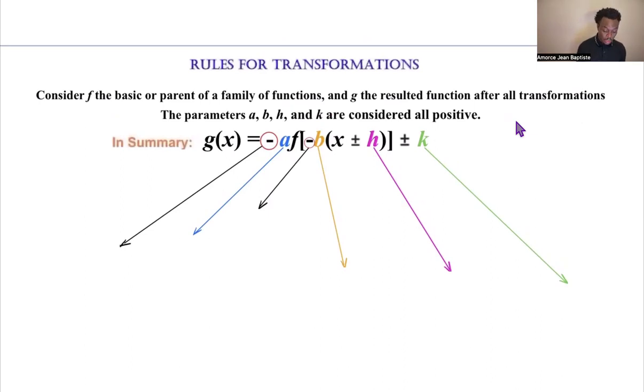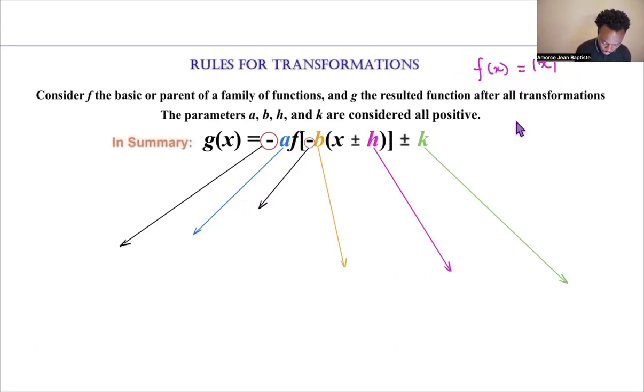What does it mean? Well, whenever you see a negative sign multiplying, for example, you look at f of x equals absolute value of x. That is my parent function.